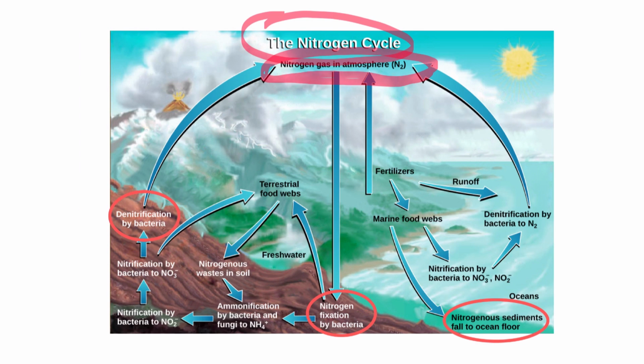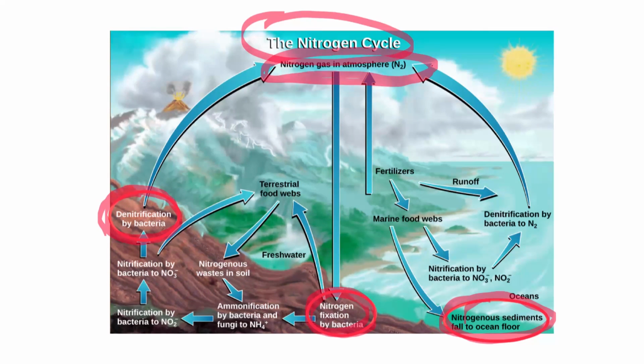So one way is that sediments fall to the ocean floor and nitrogen is put to the ocean floor in that way, which means it's being taken out of the atmosphere. Nitrogen is removed from the atmosphere in a process that we call fixation and made available to living things. And then other bacteria return nitrogen to the atmosphere through the process of denitrification.